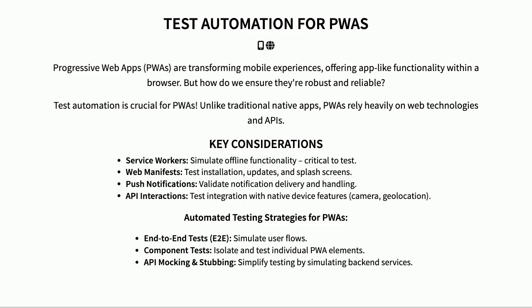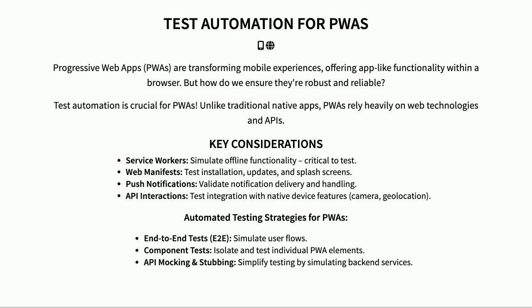Okay, so let's talk about testing PWA. These apps are really changing the game for mobile experiences. They act like native apps but live in your browser. Because of this, we need a solid test automation strategy. There are some unique things to consider compared to regular app testing, like service workers which handle offline functionality and web manifests that manage updates and splash screens.